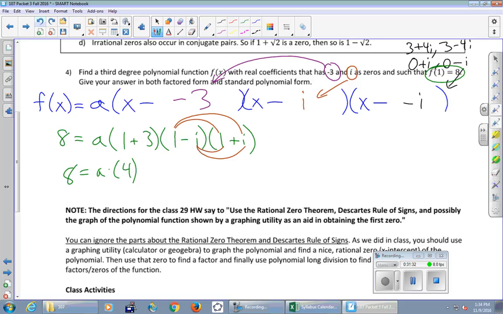Okay, so I think we're good to go here. So the first times first is 1, last times last is minus i squared. And then we remember i squared is really -1. So I think we're pretty close on this one. 8 equals a times 4 times 1 plus 1.